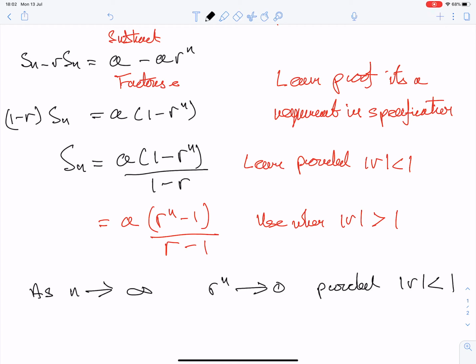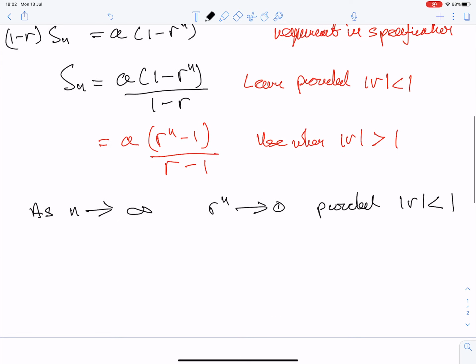And you notice that the value is going down and down and down. So as n gets large, the number of terms in the sequence increases, then the value of r to the n gets lower and lower. It tends towards 0, provided the common ratio is less than 1.